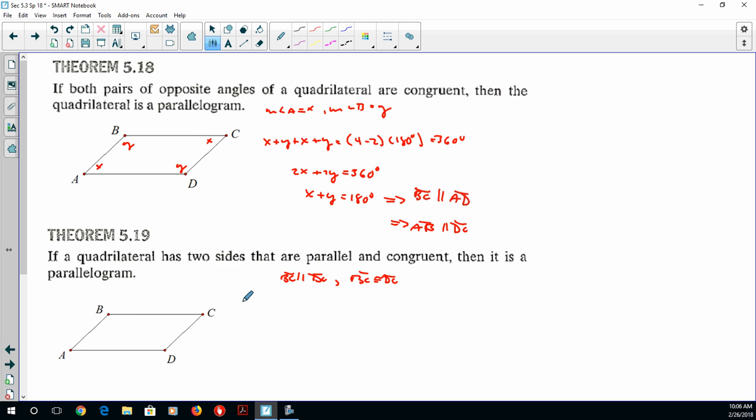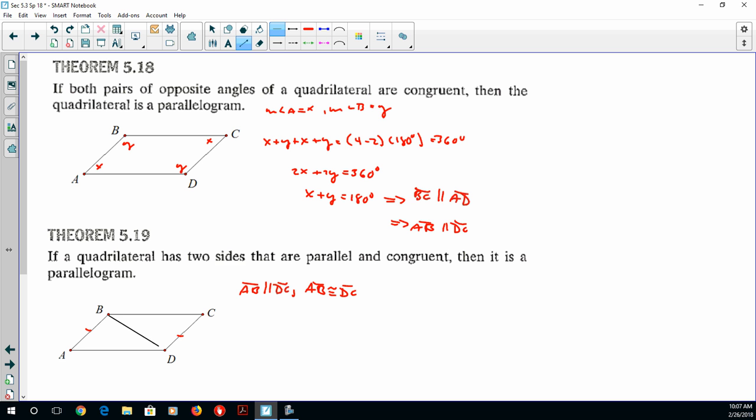AB, and I want AB parallel to DC. So I want AB congruent. So I want these two sides. Draw a diagonal. And it doesn't matter which one. I'm going to draw this one here.